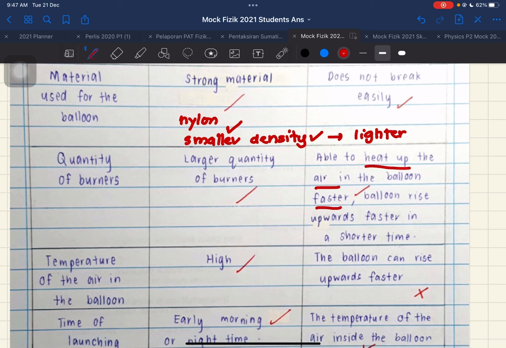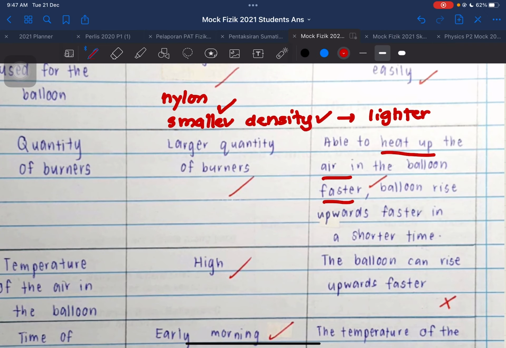Or you can also write produce more heat energy. It's good to write heat energy, produce more heat energy, so that the air in the balloon will be heat up faster.